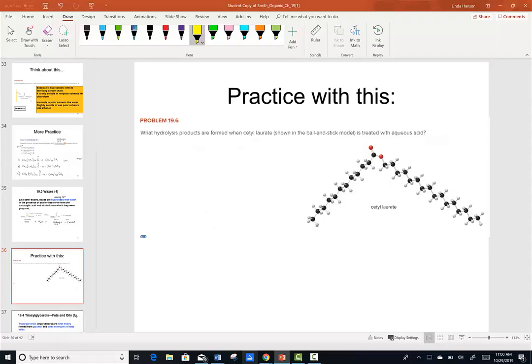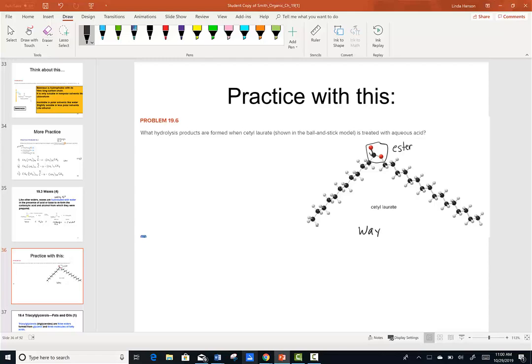Here is a wax, just kind of looking this through, and my eyes go to this C double bond O ester linkage right here. So I understand that on the left side, the side that contains the carbonyl carbon originally came from the carboxylic acid.